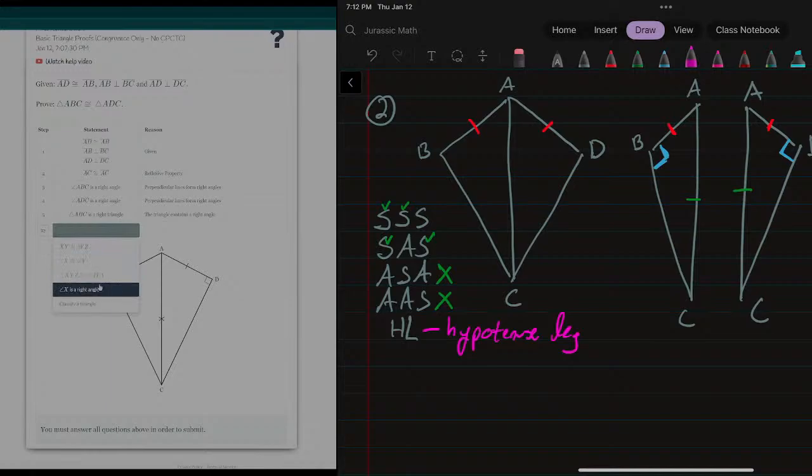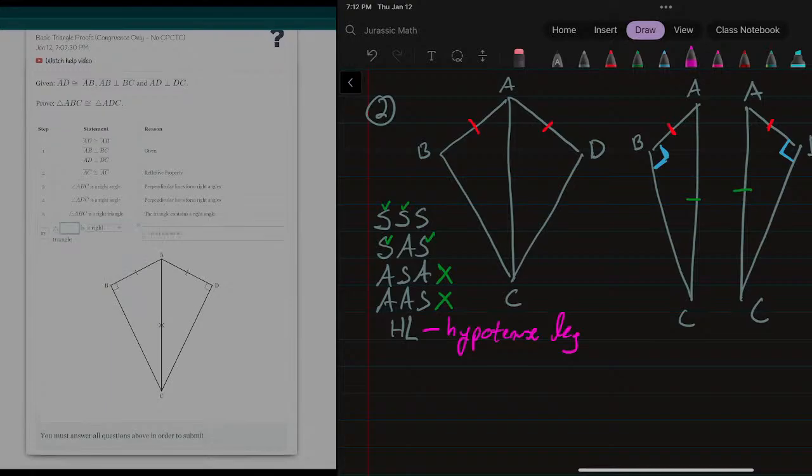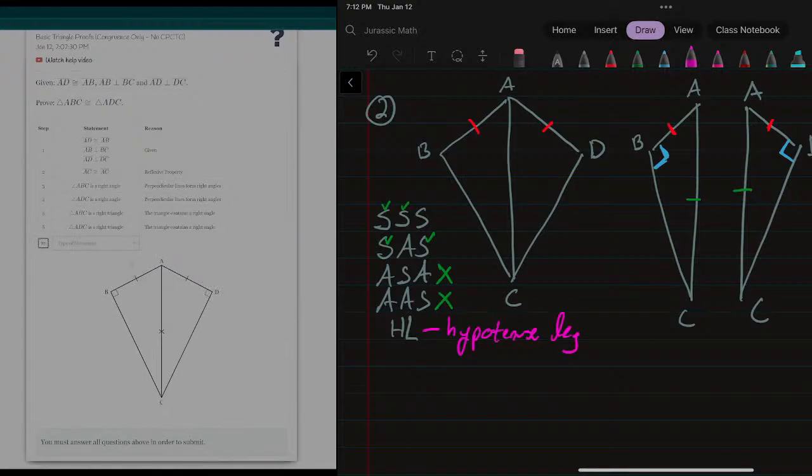And I also need to classify triangle ADC as a right triangle because it has a right angle. You have to say that those two triangles are right triangles first in order to use the statement that they are HL, hypotenuse leg. Because hypotenuse leg only works for right triangles, and in a proof you have to say something is a right triangle. You can't just assume it is.